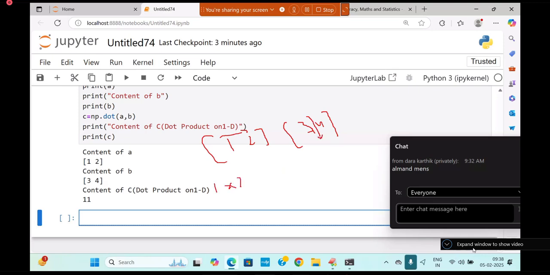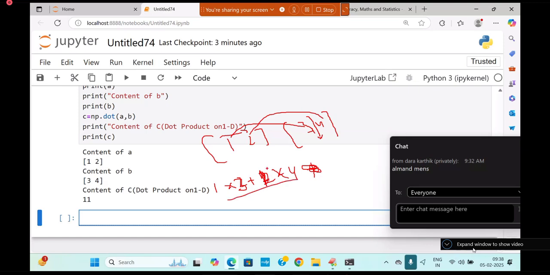Start with 1 into 3 plus 2 into 4. That is known as the dot product on 1D: 1 into 3 and 2 into 4.